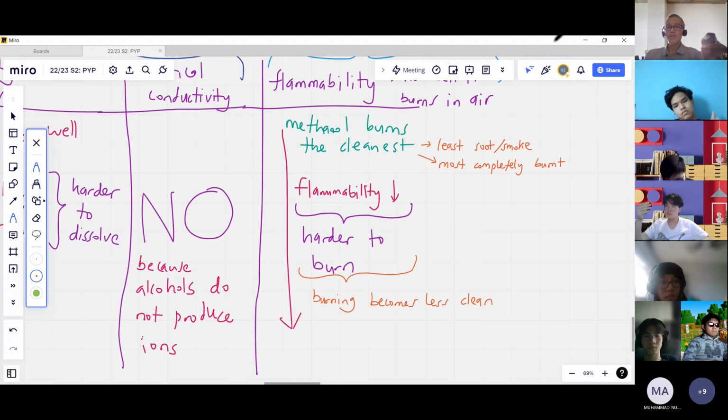So take that into account. Yes, alcohols can burn, but the one that burns the easiest should be right at the top, the first member. This one will burn the most easily.